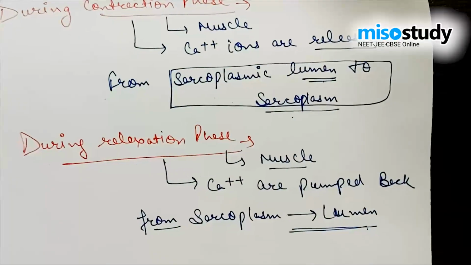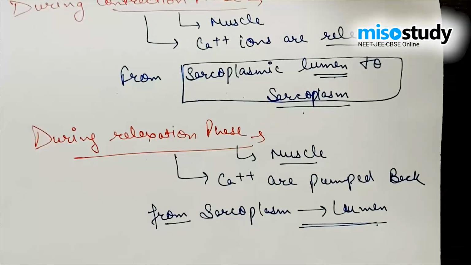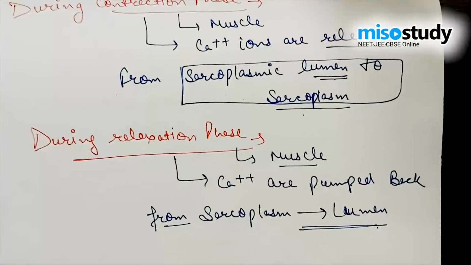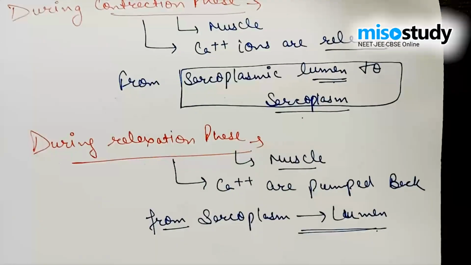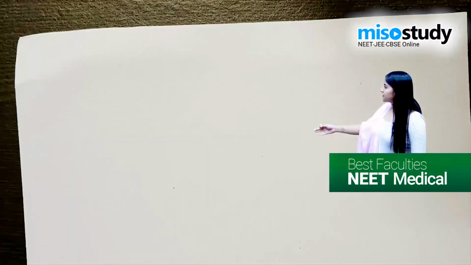So in the relaxation phase, calcium 2+ ions are pumped back into the sarcoplasmic lumen.